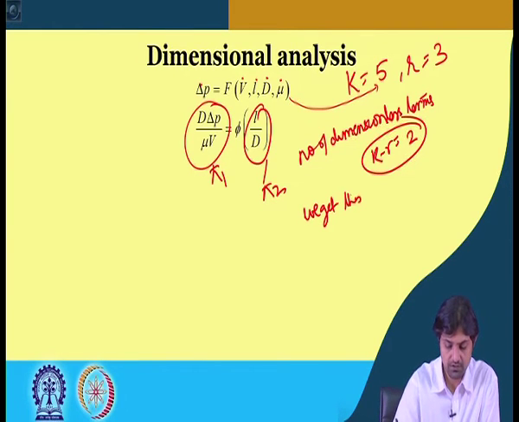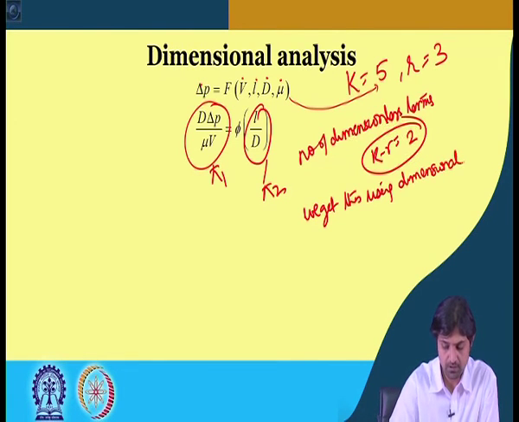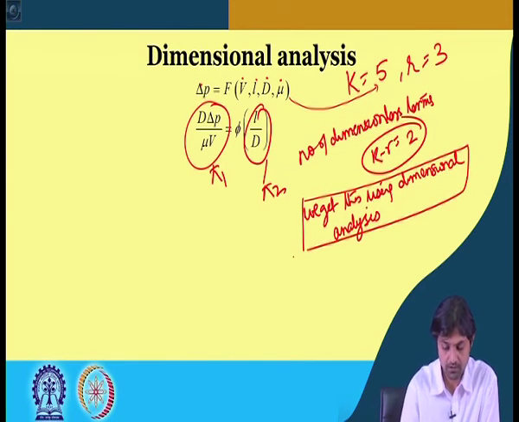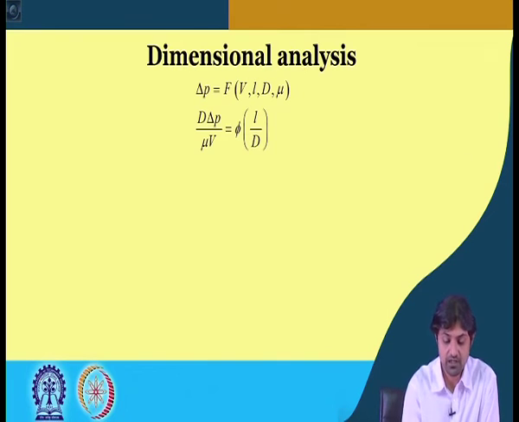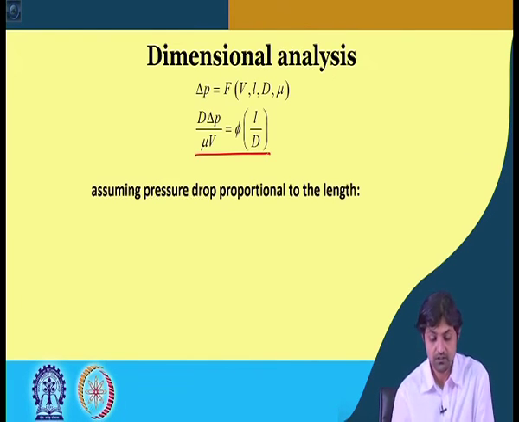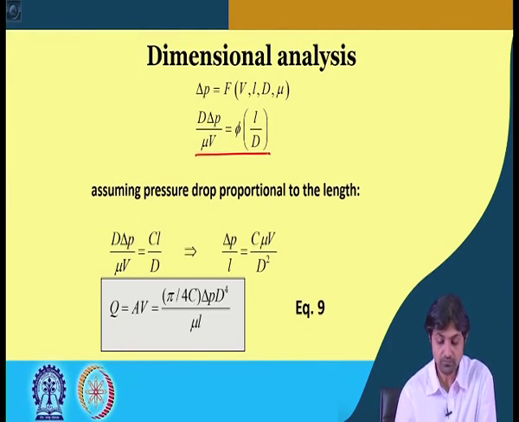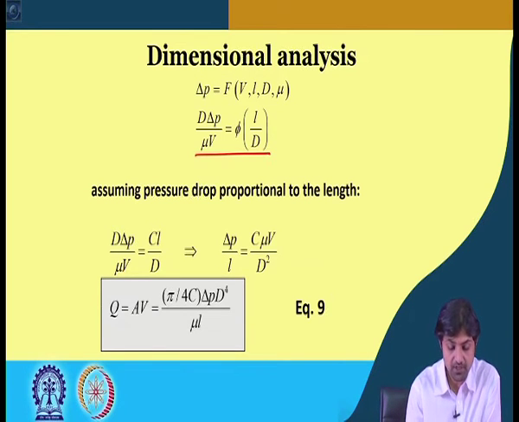We get this using dimensional analysis. All right. So using dimensional analysis we get this result. Now assuming that the pressure drop is proportional to the length, so we say that d delta p by mu v is directly proportional to the length, so it becomes c into L by d.